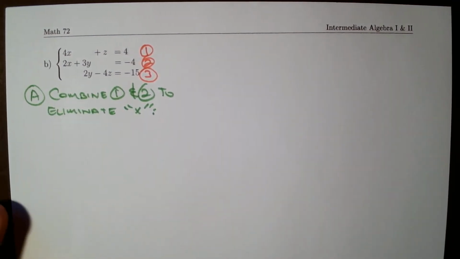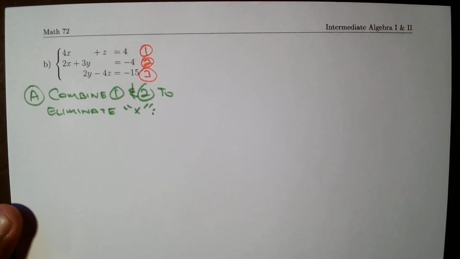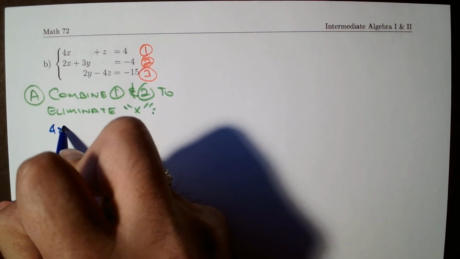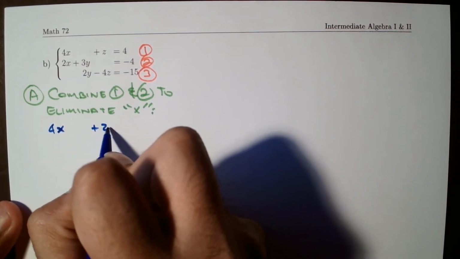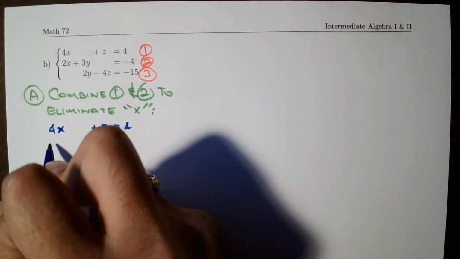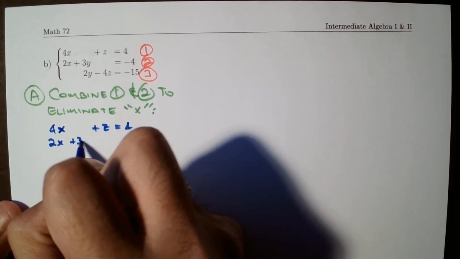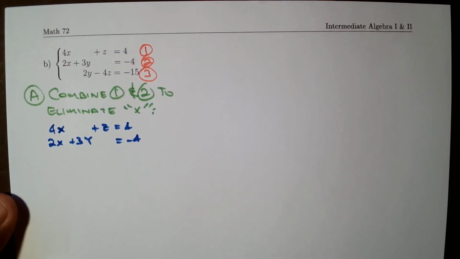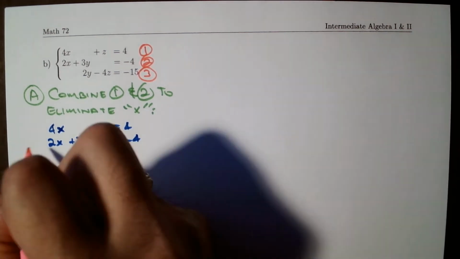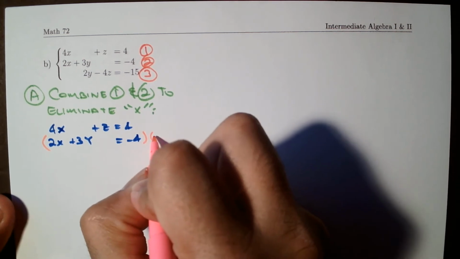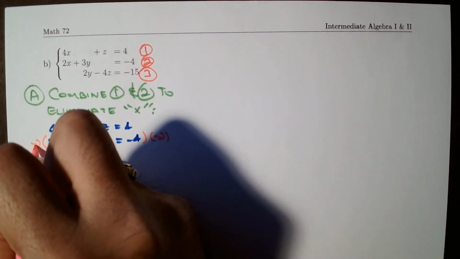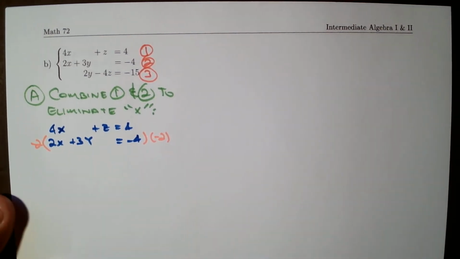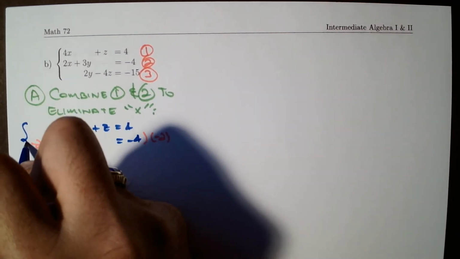We go in alphabetic order. So 4x plus z equals 4, and then 2x plus 3y equals negative 4. In order to eliminate x, we want to multiply the second equation by negative 2 in order to get a negative 4, which eliminates the 4 in the top equation of this combination.